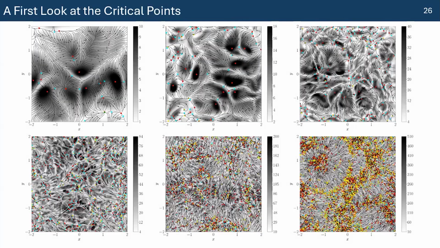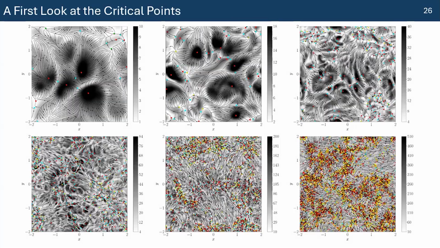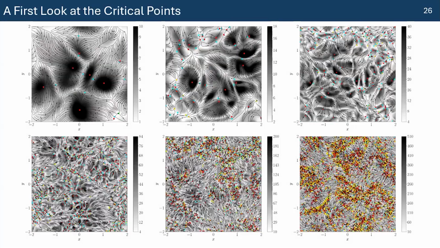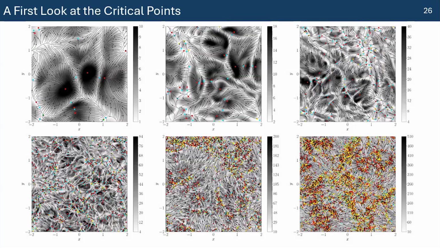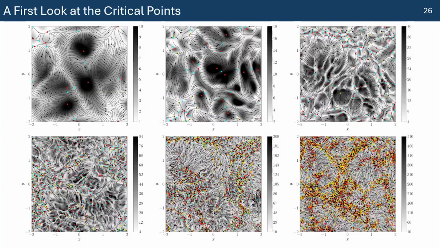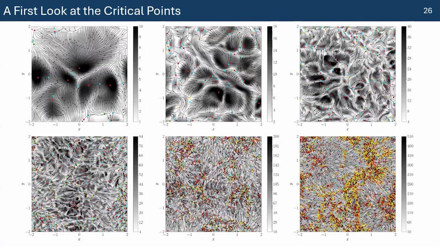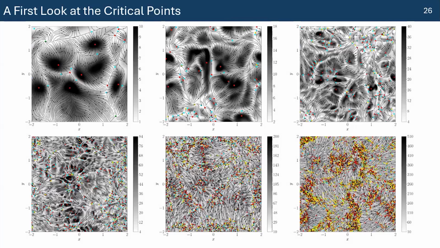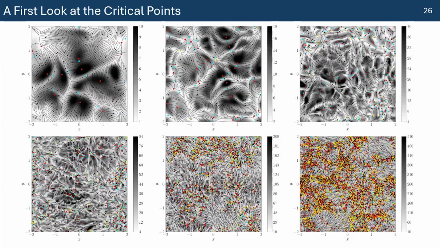Another interesting thing to note is that the distribution of nodes, saddles, and foci is not uniform. There are some regions where there are no critical points at all, and then there are some regions where all the critical points are clustered together. So, for instance, we can also see that the critical points are clustering together in certain structures, which are known as the turbulence superstructures of thermal convection.